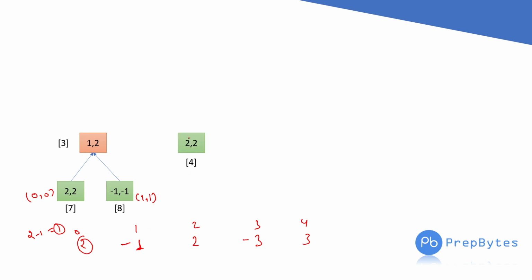Now let's see for this. In the range of 2, 2, the sum is 2 and the prefix is obviously 2 only, because this is just a single element range. Now in the range of 0, 2, what is the maximum prefix? Listen to this very carefully. 2 minus 1 plus 2 will give me the value 4.